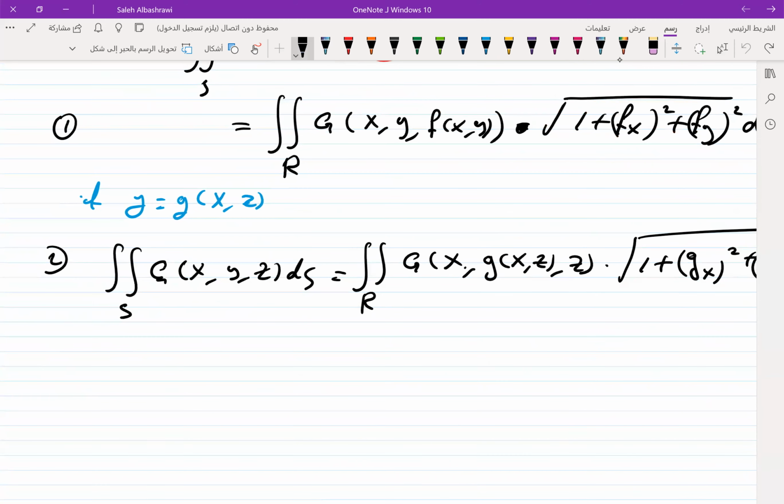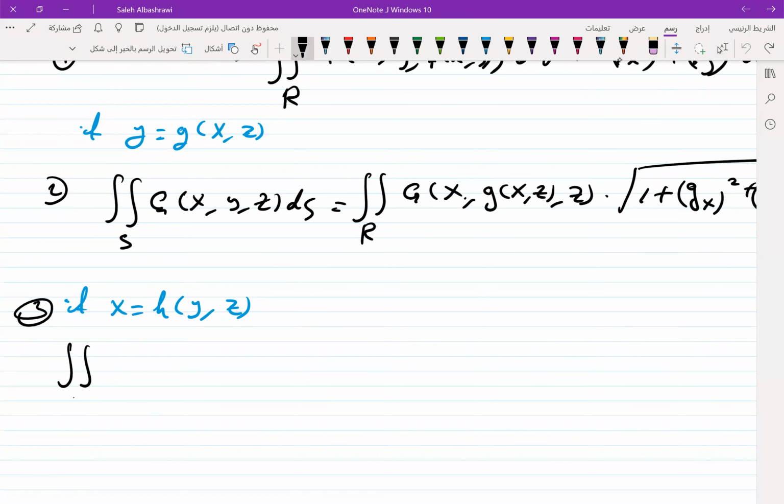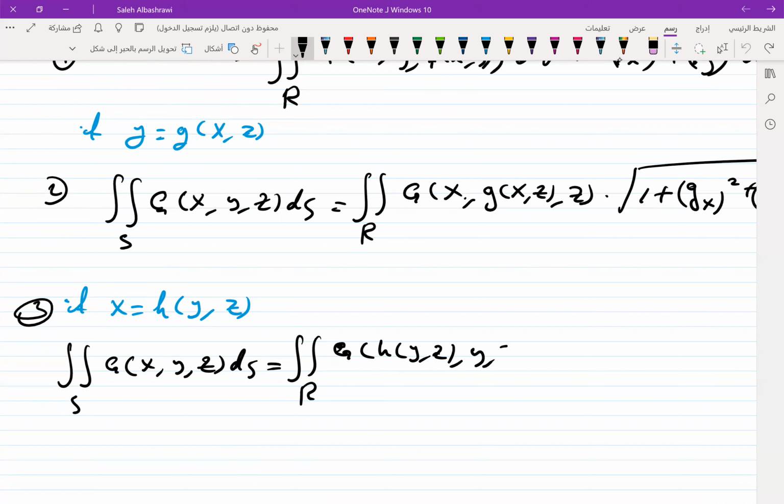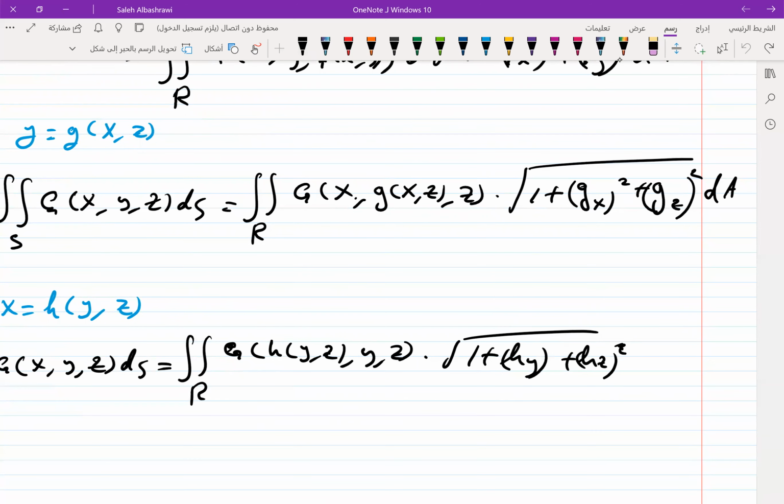Third one: now if x is equal to a function of y and z, then the surface integral of g(x,y,z) dS will be the double integral over the given region R of g, where x is a function of y and z, multiplied by the square root of 1 plus h sub y squared plus h sub z squared, the partial derivatives with respect to y and z, dA.